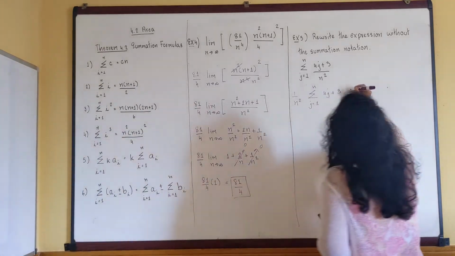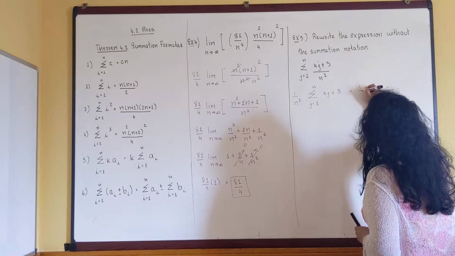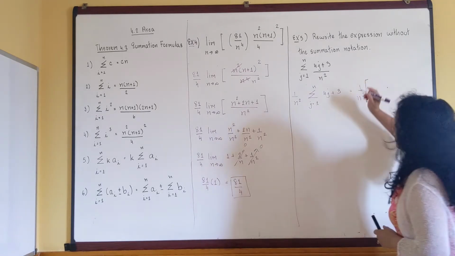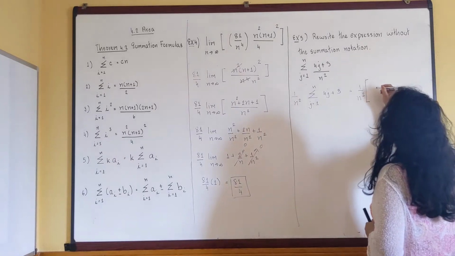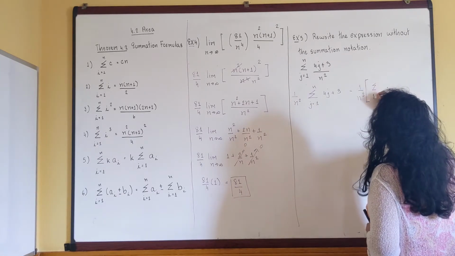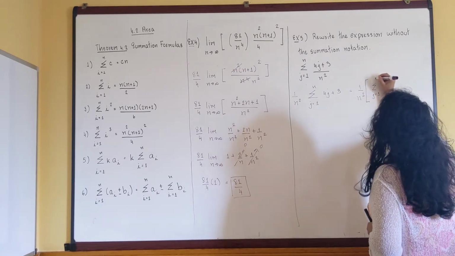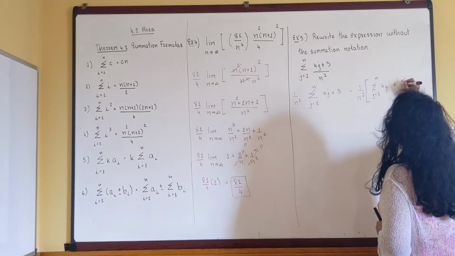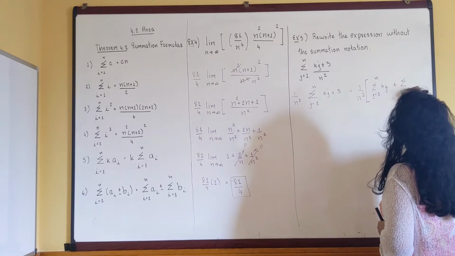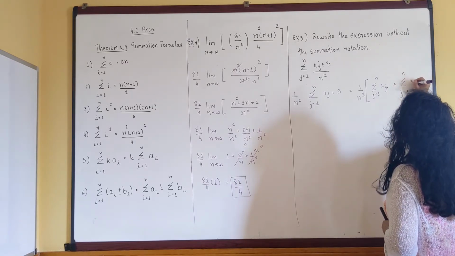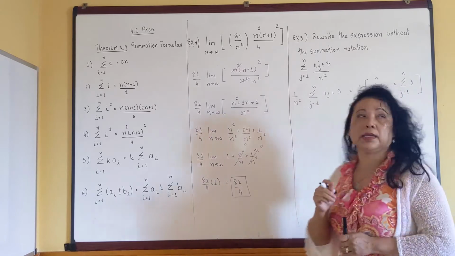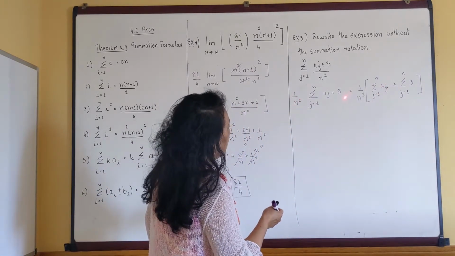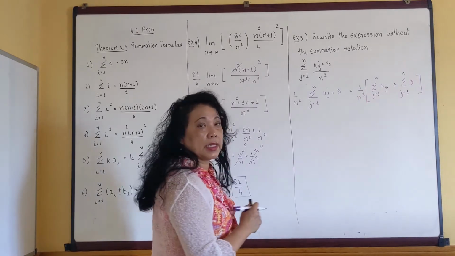So I'm going to have 1 over n squared times, and I have to be very careful with the parentheses here, sigma j from 1 to n of 4j plus sigma j from 1 to n of 3. I have to be careful with parentheses here because 1 over n squared multiplies everything in here.